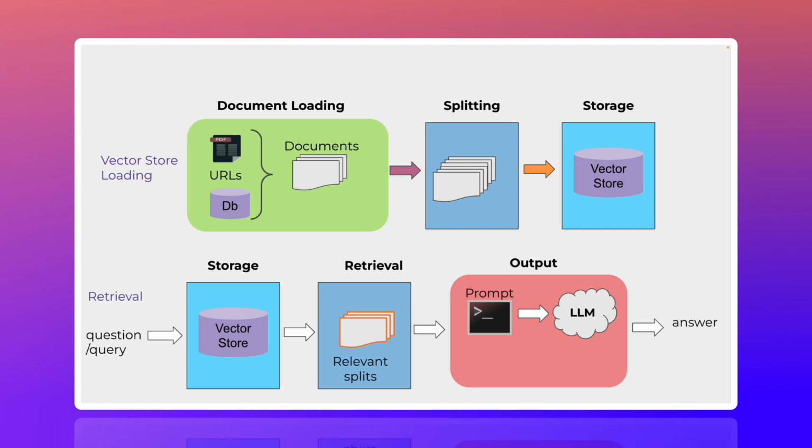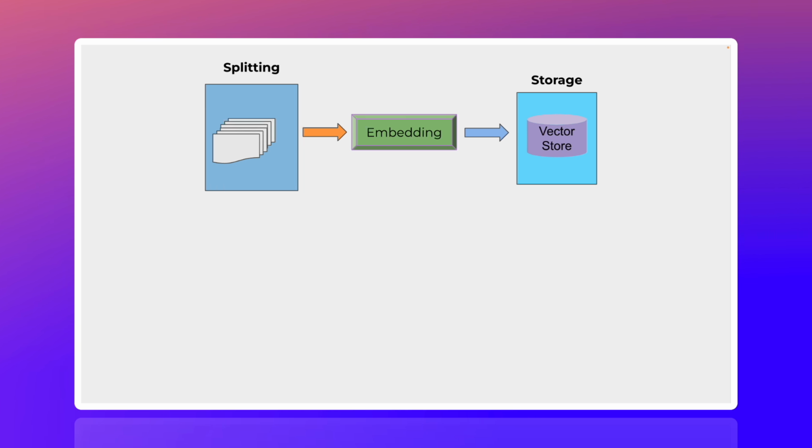So the retrieval goes through the vector store, finding things that are related to the question, and gets relevant splits, relevant documents. That is all put together with the prompt, the large language model and pieces of documents, and then the large language model is able to give us the answer, the result. That's what we just saw.